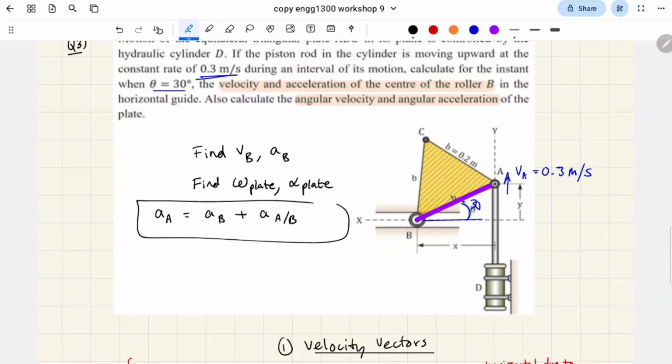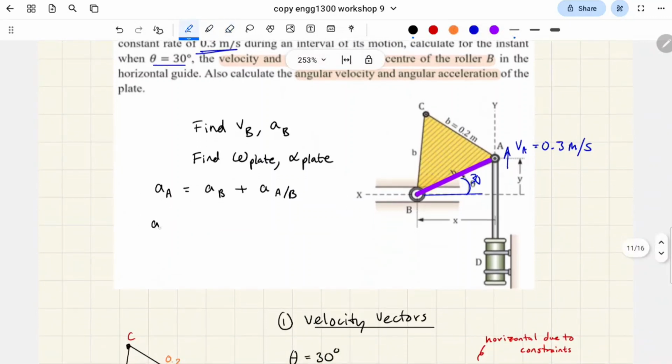So the acceleration of A is equal to the acceleration of B plus A relative to B. The next thing you can do is split up your linear acceleration in terms of its normal and tangential components, just like with particles, right?